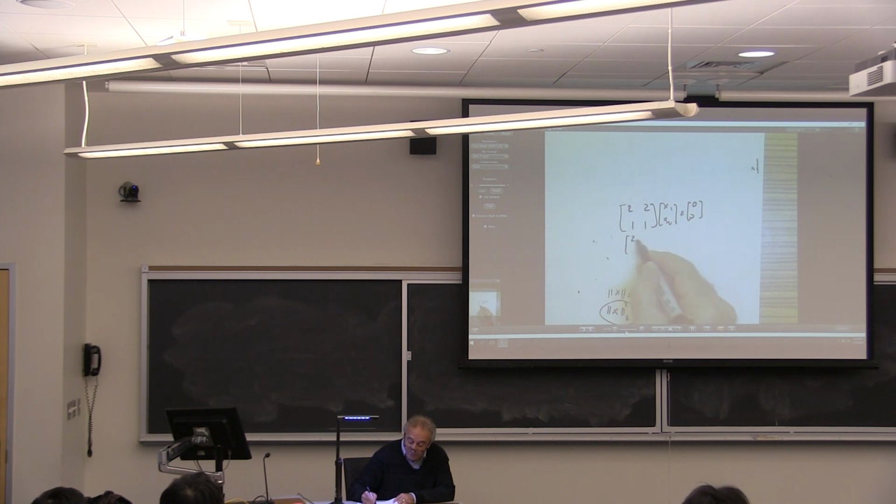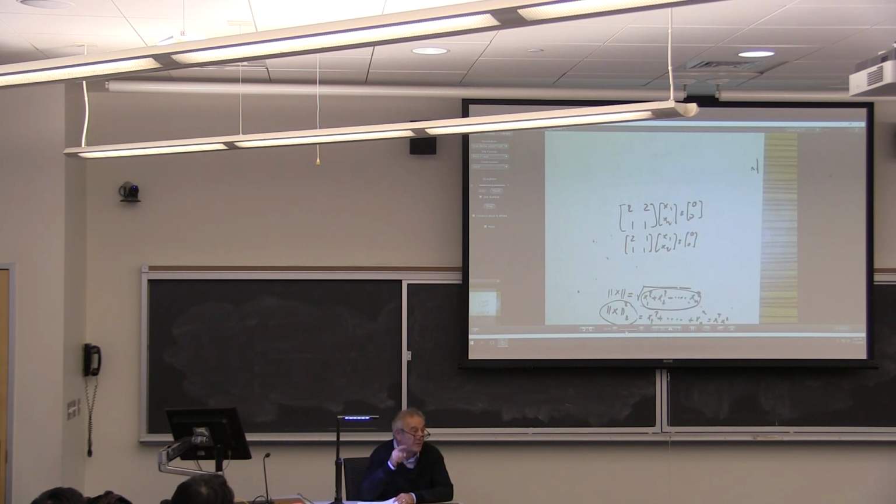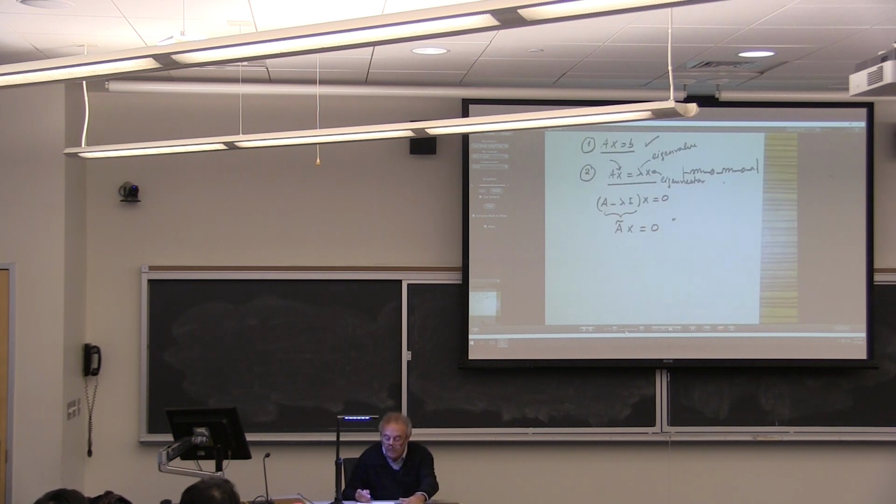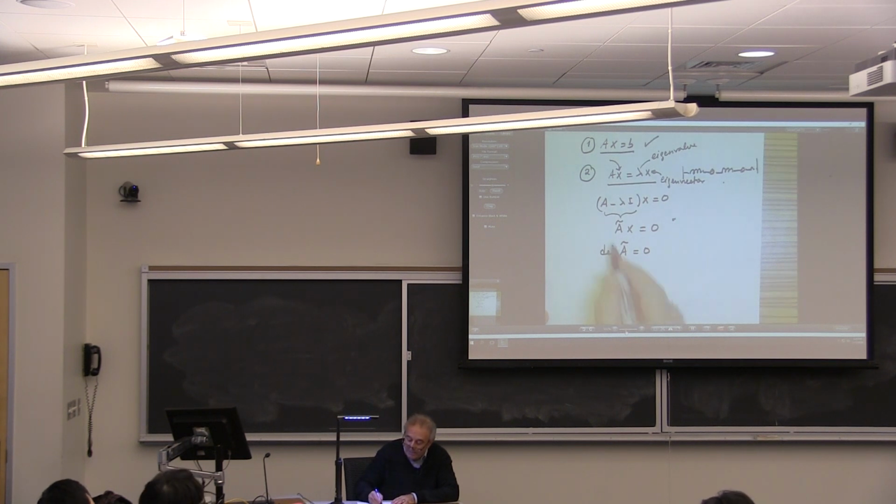If you have, for example, 2, 1, 1, 1 like that, there is no solution except the trivial solution, right? For a homogeneous algebraic equation, in order to have a nontrivial solution, the determinant of this matrix must be equal to 0. So we go back here and impose that the determinant of A tilde should be equal to 0. Right? So what does that mean? That means the determinant of A minus lambda I must be equal to 0.